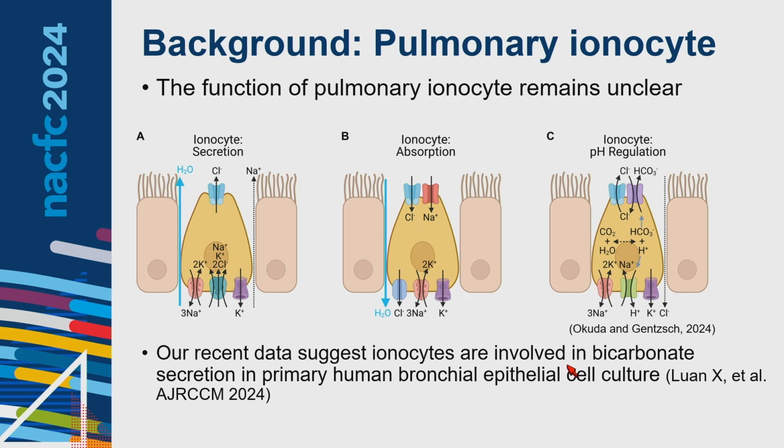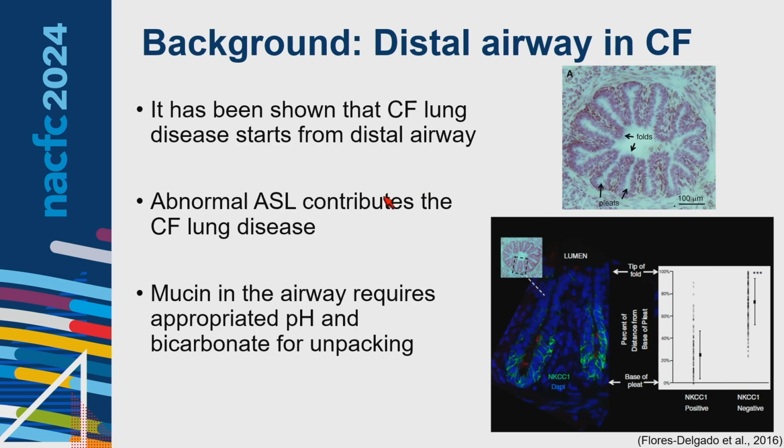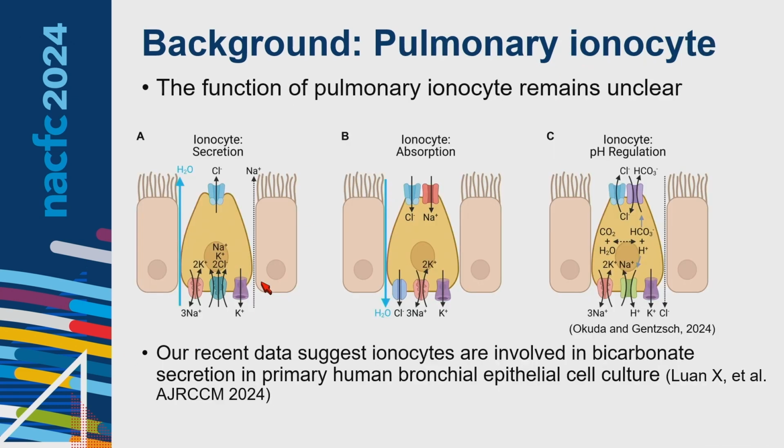After the discovery of pulmonary ionocytes, ionocyte function has been intensely investigated. Dr. Okuda and Gensch summarize the current findings here. Feng and John Engelhardt's group found that ionocytes can contribute to the secretion and absorption of liquid in the airway.